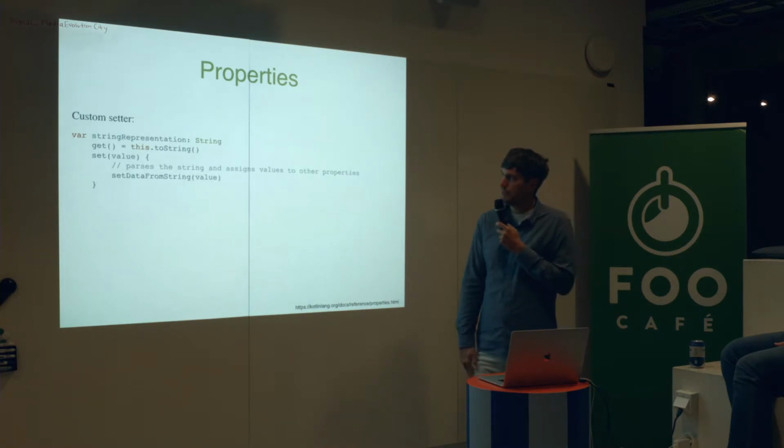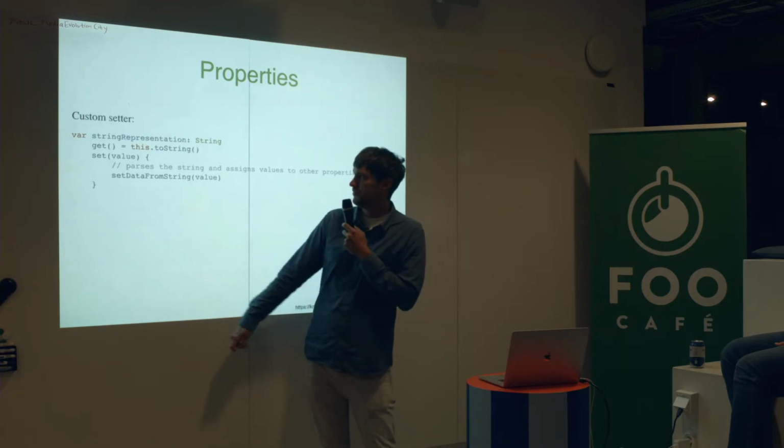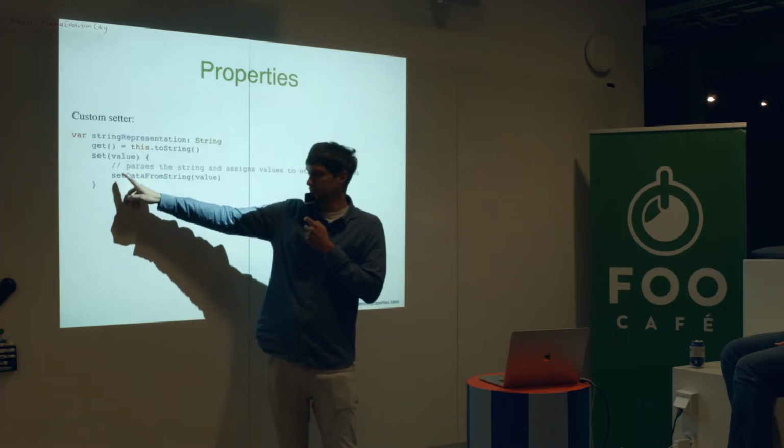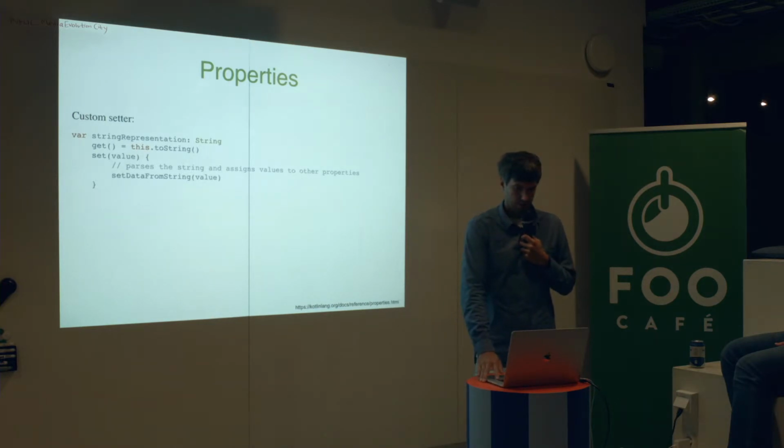A setter you also override as you would expect. You create a setter with a value, and then you can create your own custom logic in the setter. By default, maybe I haven't said that, everything is public in Kotlin.